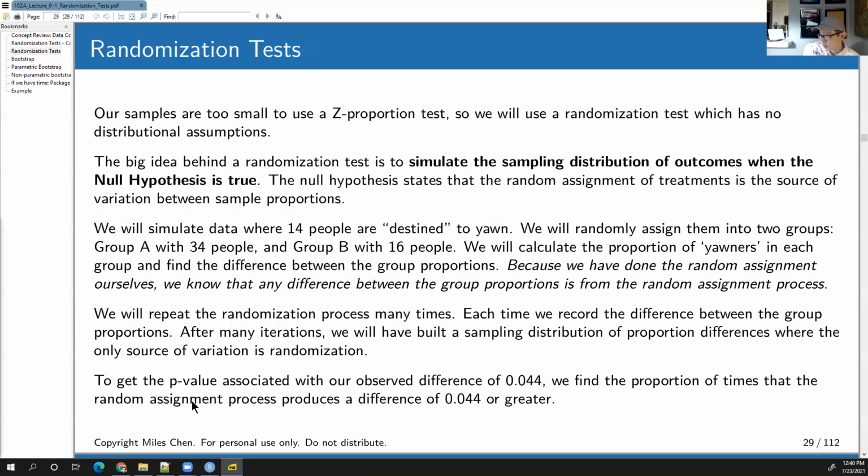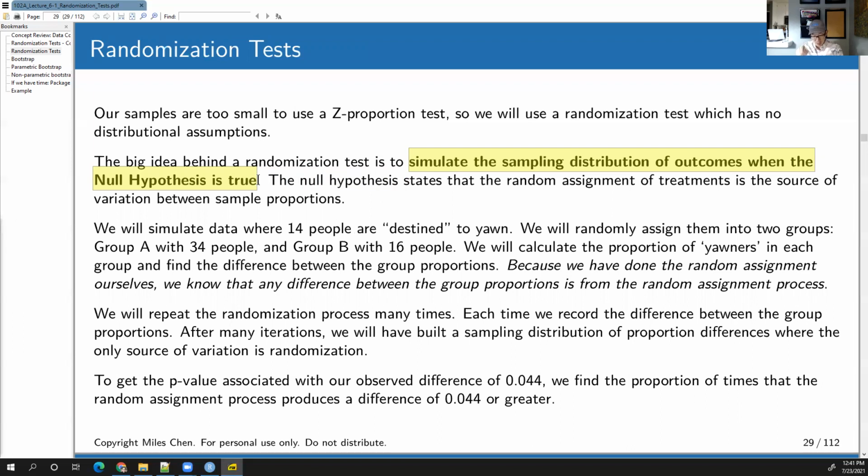So what we're going to do is we're going to do a randomization test, right? We can't do a z proportion test because the sample sizes are too small. So we're going to use randomization to simulate the sampling distribution of different outcomes for that p-hat seed minus p-hat control.